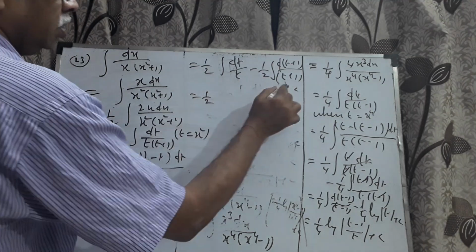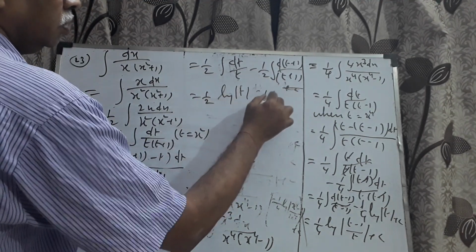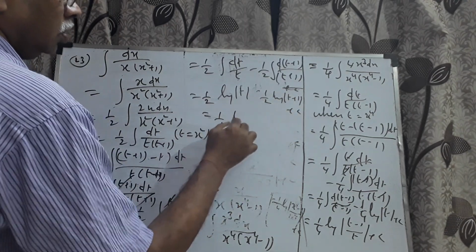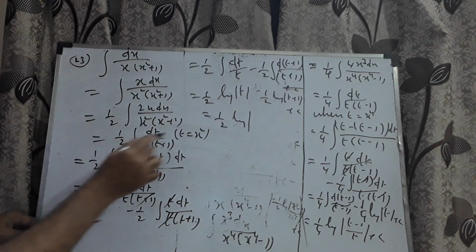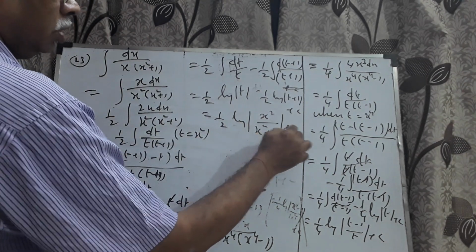Half log mod t minus half log mod (t plus 1) plus c, which is half log mod, my t is x square, by (x square plus 1) plus c.